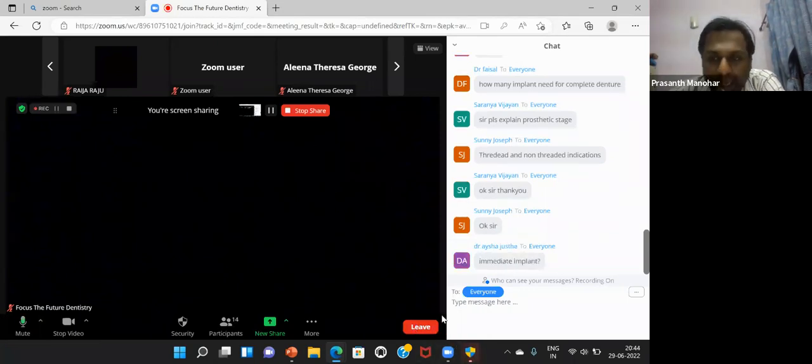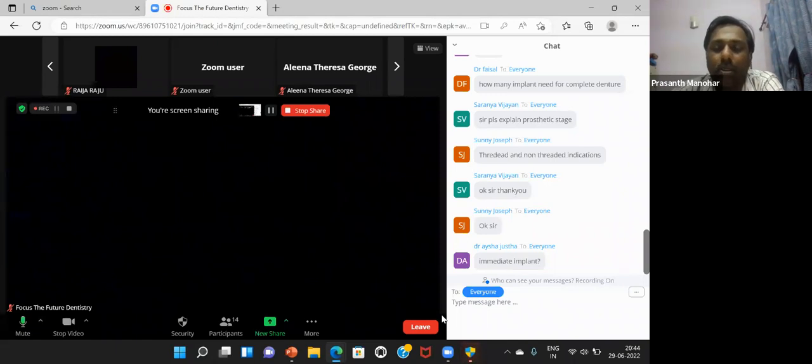Immediate implants. Yes. Immediate implants means implants which are placed immediately after the extraction. So when you extract the teeth, there will be a socket. Into that socket, we are placing the implant. That is immediate implant. Clear? Now, immediate implant is different from immediate loading.